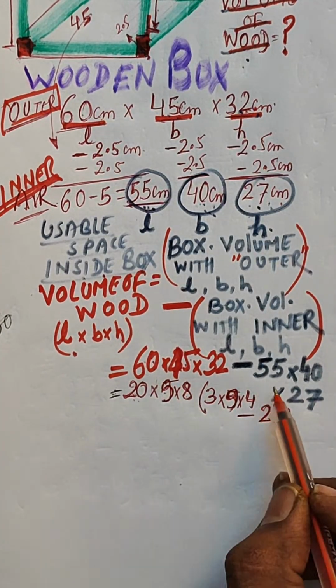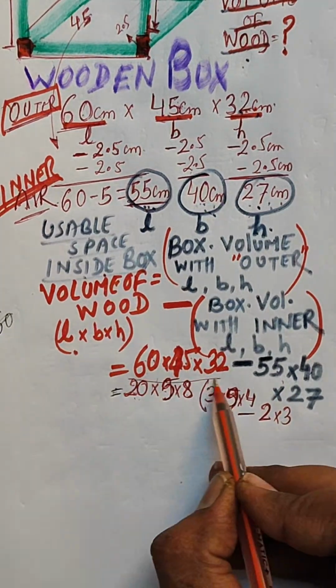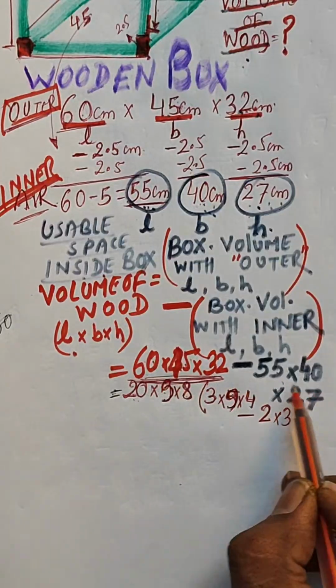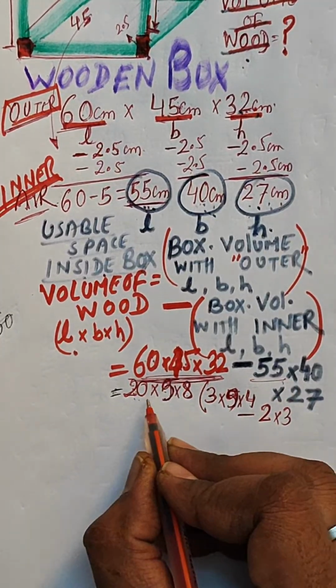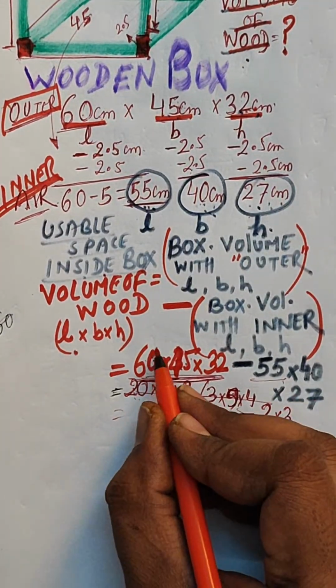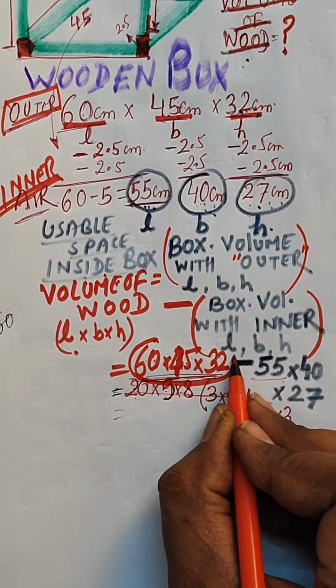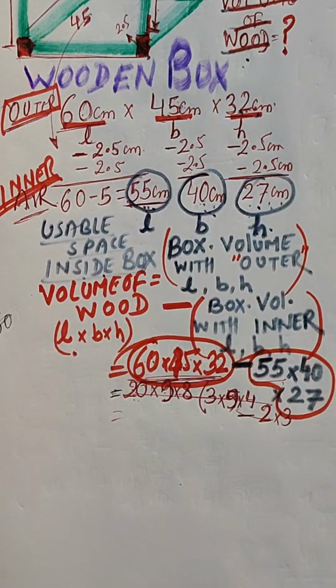You can do this simple calculation, my dear friends. I am not going into it because this is taking some time. Simply, if you are not able to take common, you can simply multiply and reduce it. Then you will get the volume of the wood. 60 into 45 into 32 minus 55 into 40 into 27, right? You will get the volume of the wood.